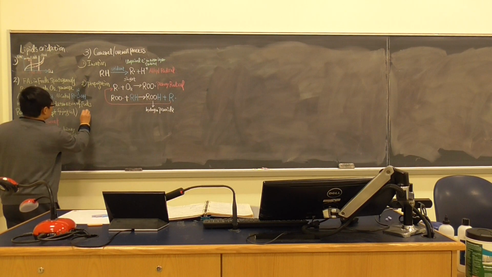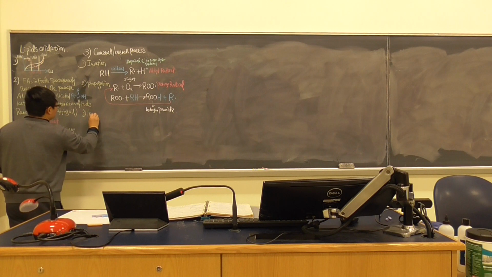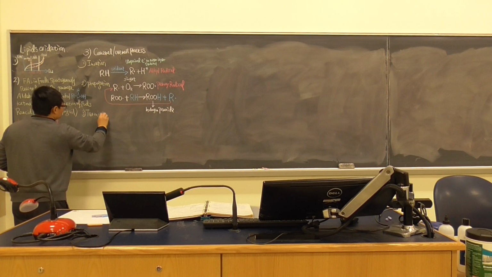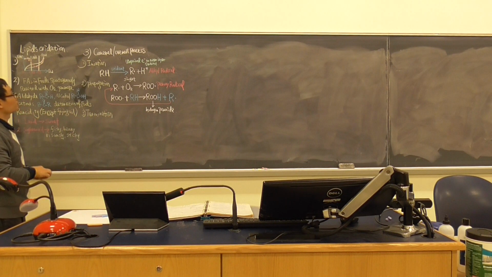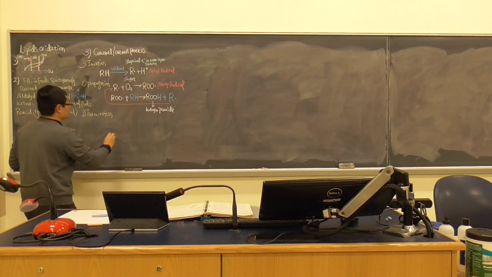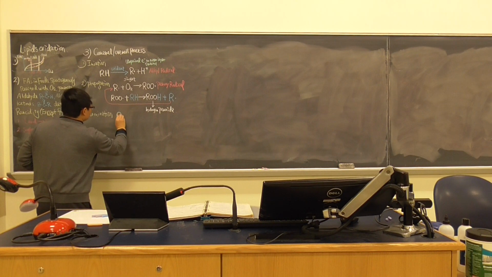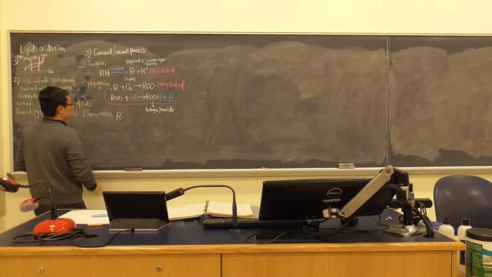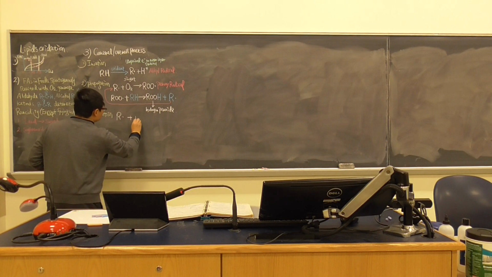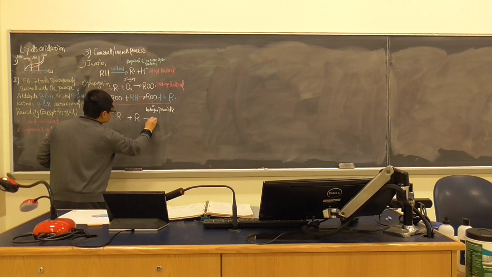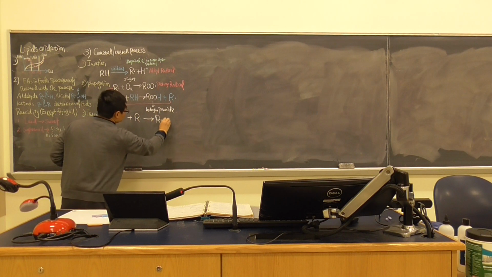Now the last stage, of course, is called termination. So what happens at the termination stage? It depends on what type of radical you still have. If you have R dots, which means an alkyl free radical, they could work together and generate a dimer.